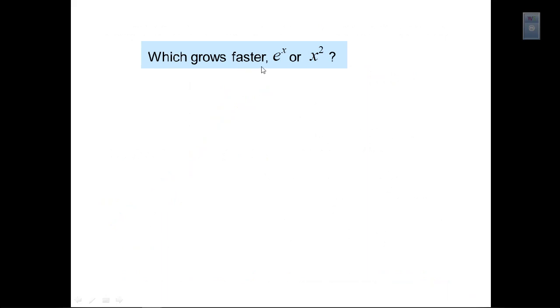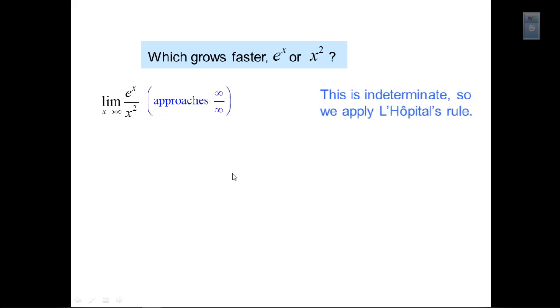So which grows faster, e to the x or x squared? Well, if we take the limit as x approaches infinity of e to the x over x squared, we're going to get infinity over infinity. So of course that's a L'Hopital's problem. When we use L'Hopital's rule, then we're going to get e to the x over 2x.